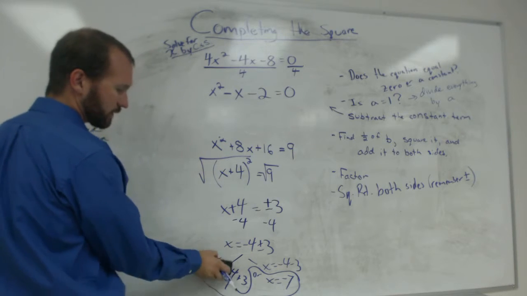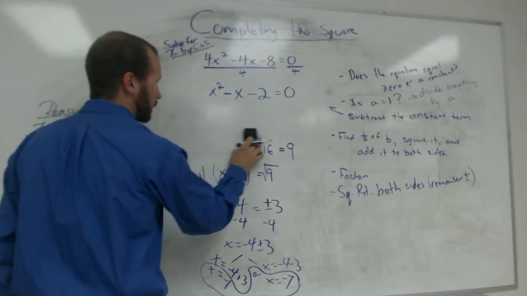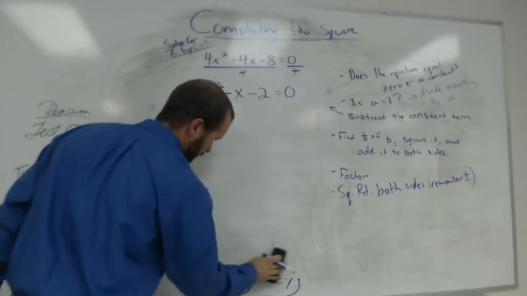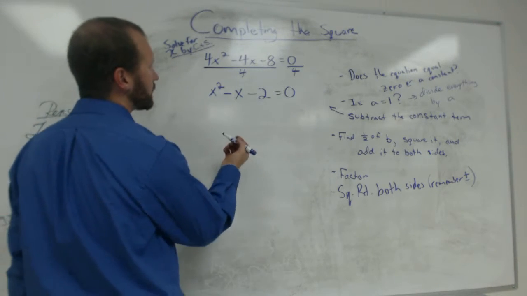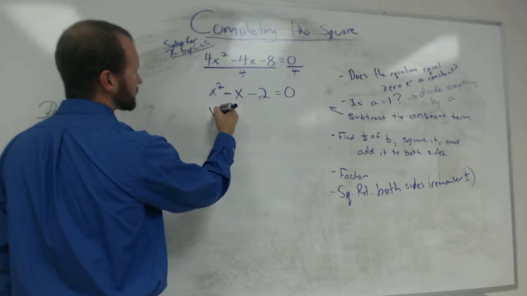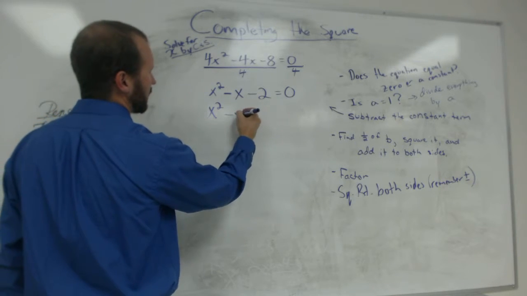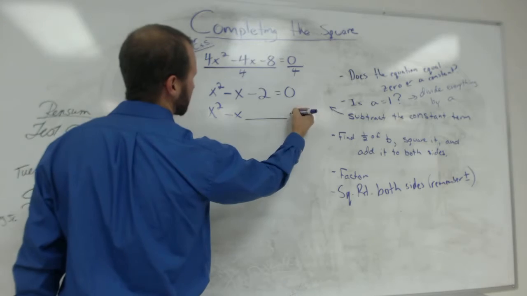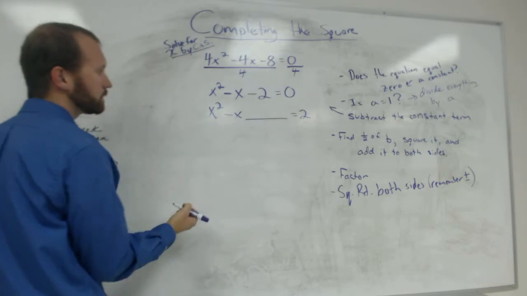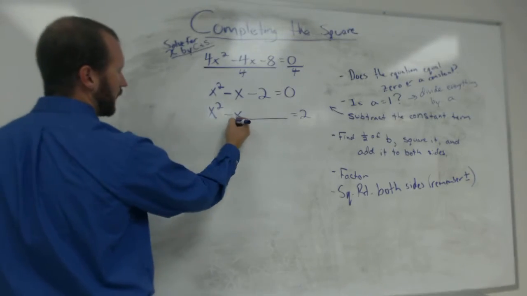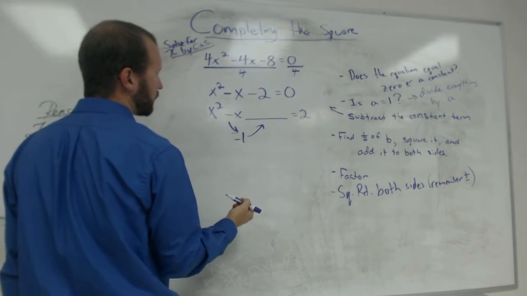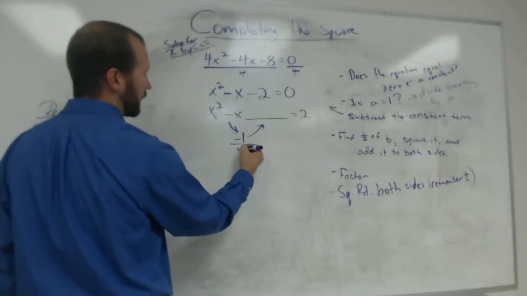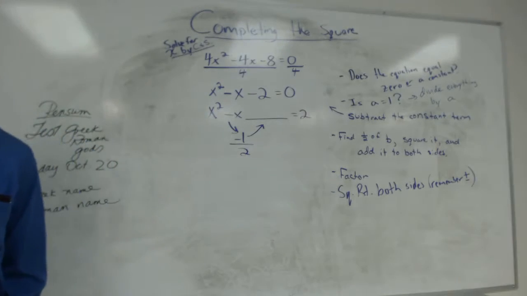Can I erase the rest of the first problem? Now I need to find, well, let's first add our constant over. Almost forgot to do that. X plus something equals a positive 2. Half of b is negative 1. Negative 1, that's not true. Half of b is negative 1/2.